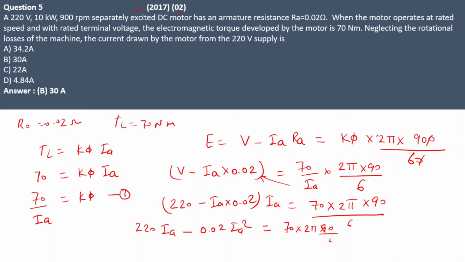Solve this quadratic equation. You will get two values of Ia, and you will select one from these options. So it is 30 amps.